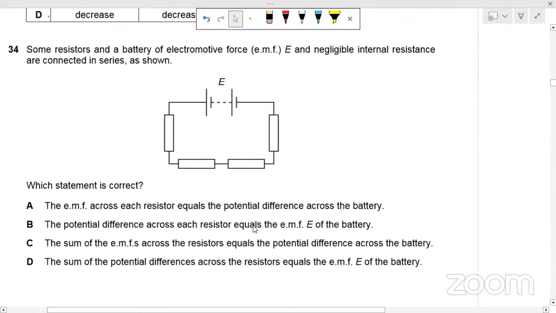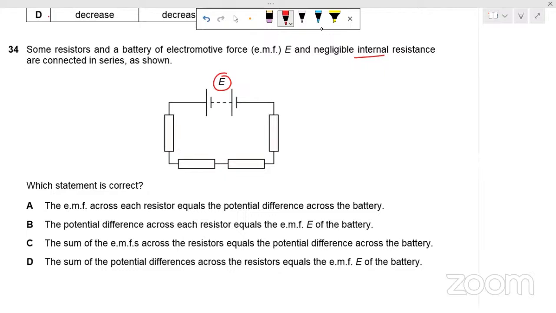Some resistors and a battery of EMF E, with negligible internal resistance, are connected in series as shown. These are four resistors, they are in series. Which statement is correct? EMF across each resistor equals the potential difference across the battery.